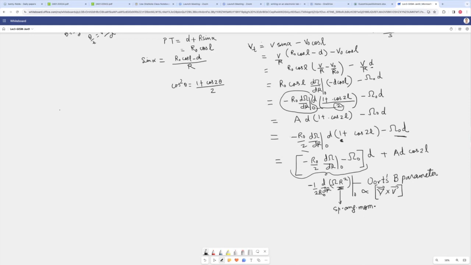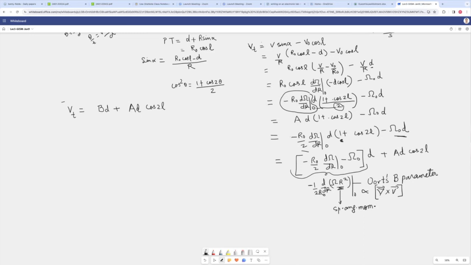Okay, so what we obtain is the transverse velocity is equal to B times d plus a part which varies with galactic longitude, which is A d times cos 2l.